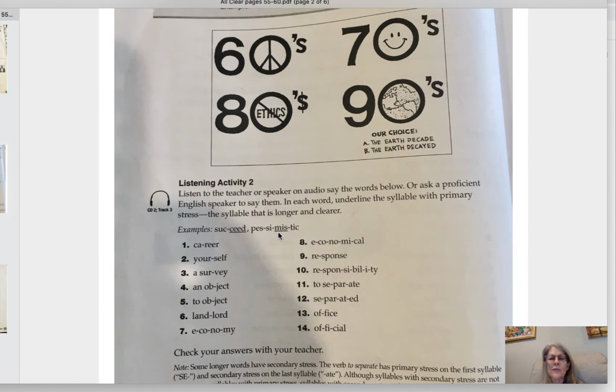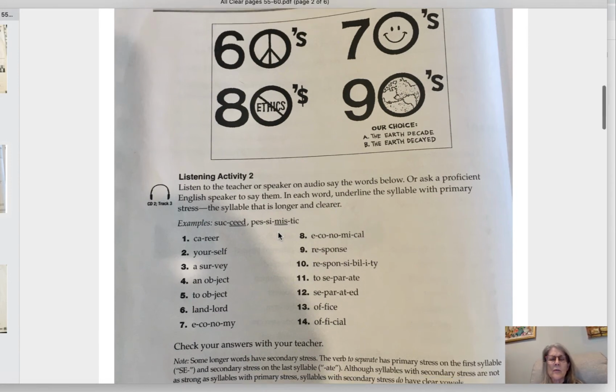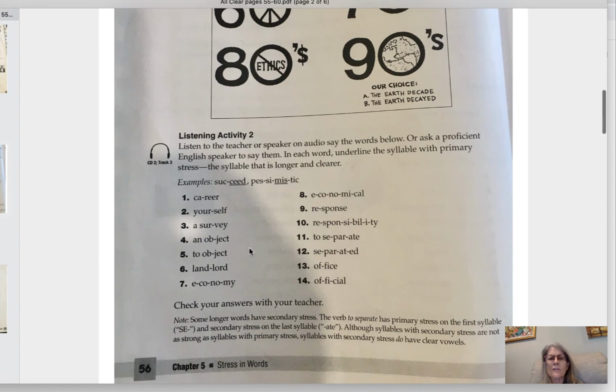All right. So listening activity 2 is you're going to listen to the audio and underline the syllable with the primary stress. All of the syllables are marked out for you, but as you listen to the audio, underline which of the syllables that have been separated for you, which one do you hear? Do you hear career or career? Right?